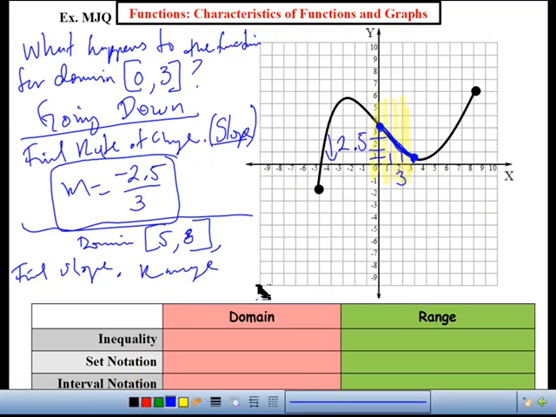All right, Ivan, what's happening to that graph for that domain? Ivan. No? Ivan not there? Probably went to a Jack in a Box run. Miles, what's happening to that graph?